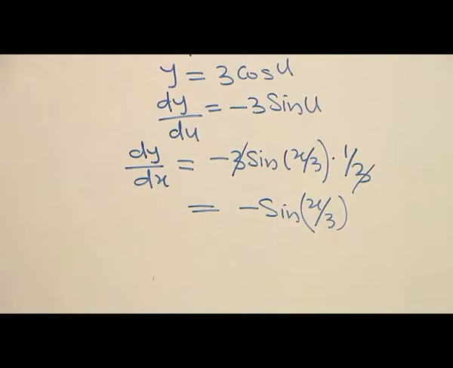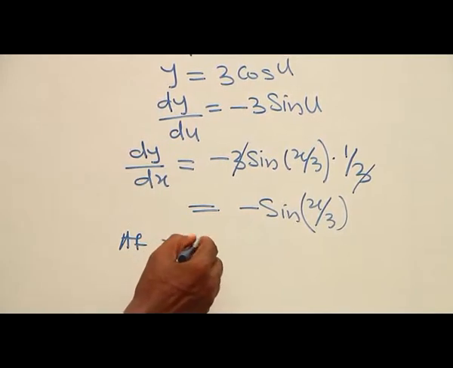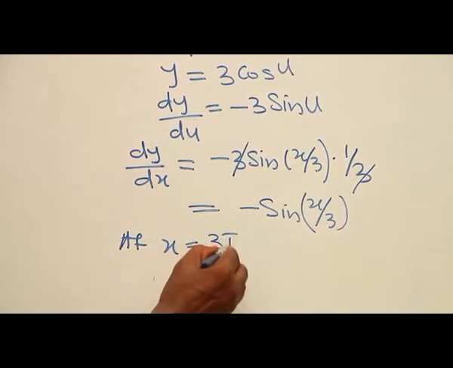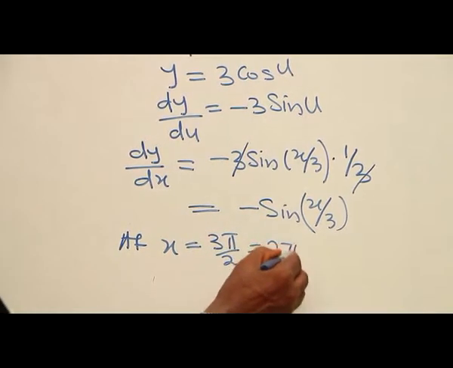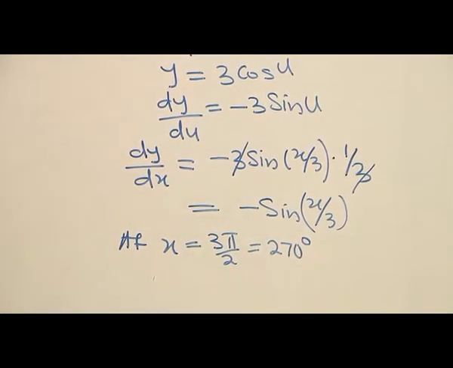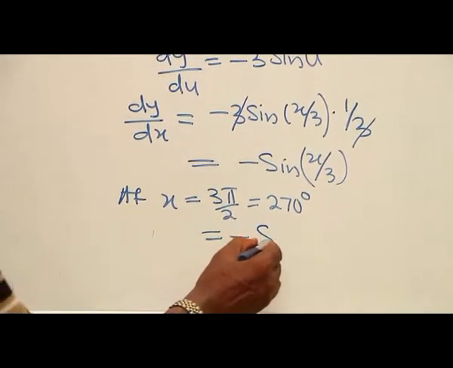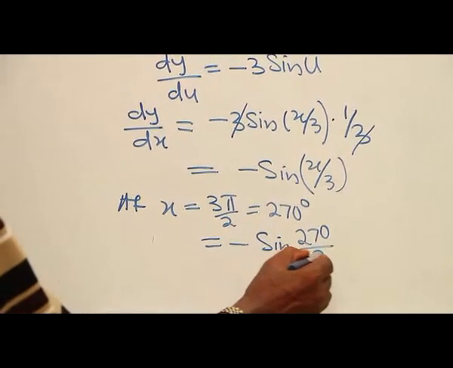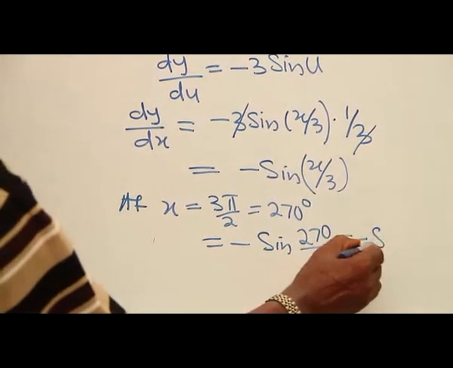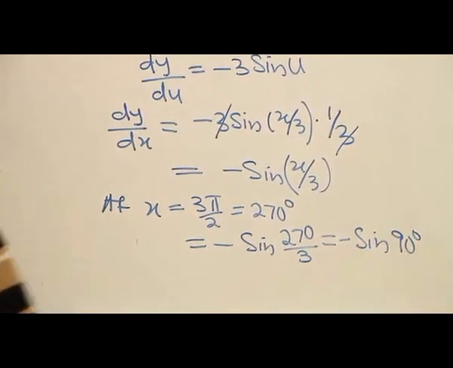Now we are told to evaluate this at the point where s is equal to 3 pi over 2, and we have calculated this to be equal to 270 degrees. So this will now be equal to minus sine 270 all over 3, which is minus sine 90 degrees.